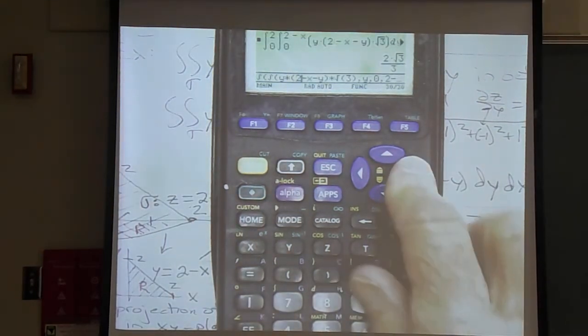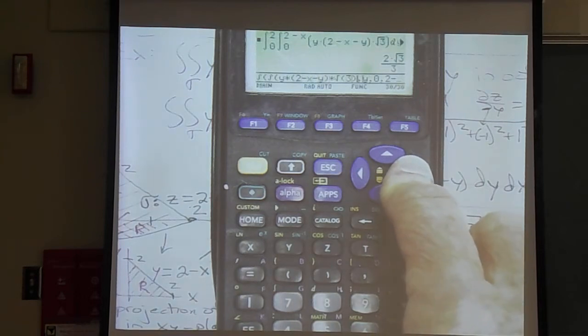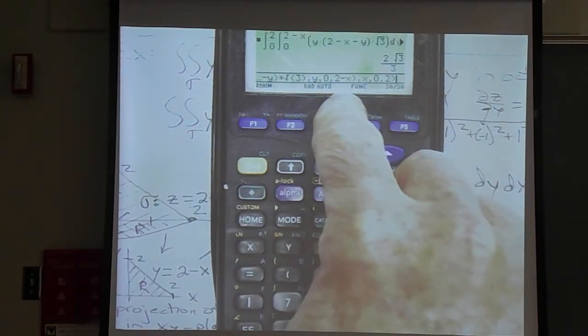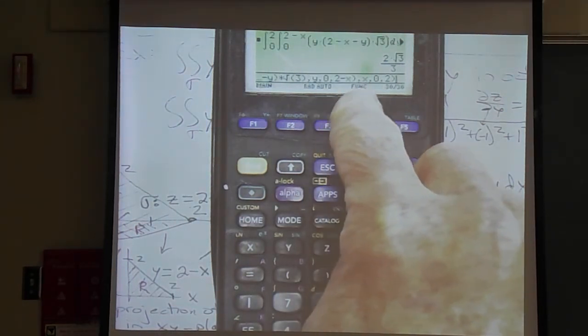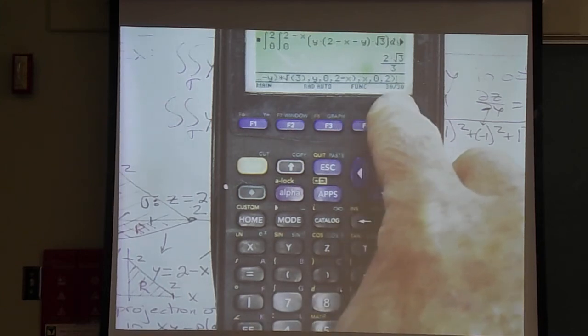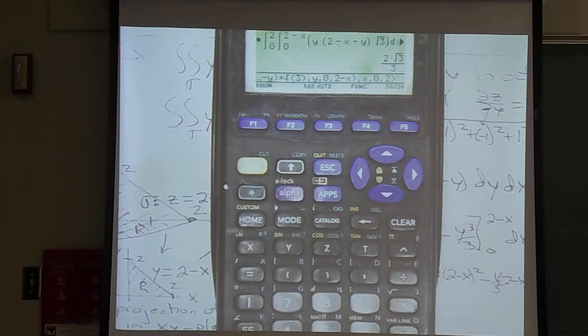Okay, y goes from 0 to 2 minus x. Close the parentheses for the inside integral, and then comma x means the second one integrates with respect to x, comma 0, comma 2, parentheses. So the outside integral integrates with respect to x from 0 to 2.